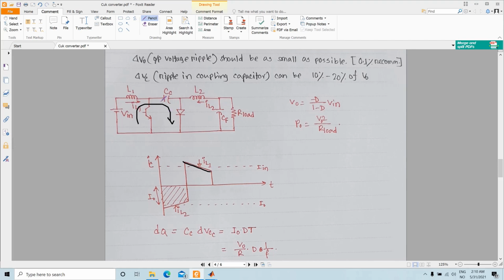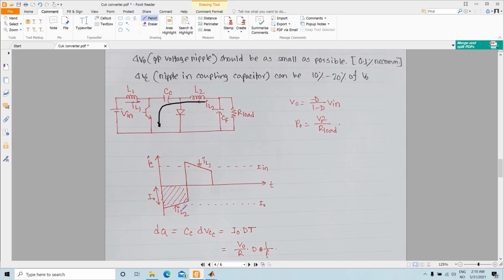And when the capacitor is discharging, the capacitor current is in the opposite direction, and it's the same as IL2. If you can recall from the beginning of the slides, in position number 1 you have operation like this, the capacitor is discharging, and the capacitor current should be the same as IL2.